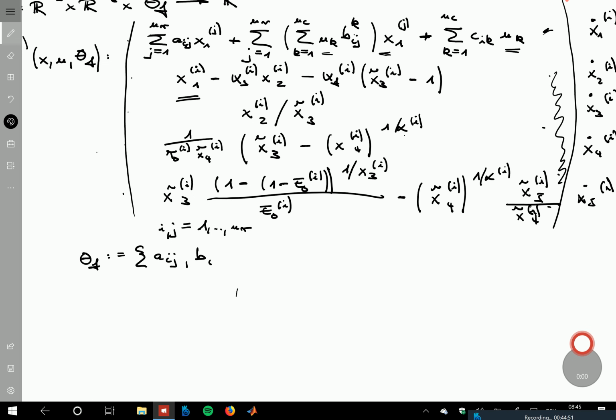The b_ijk, where i and j again go from 1 to number of regions, and k goes from 1 to number of conditions. And then we have the c_ik with the same index meanings.